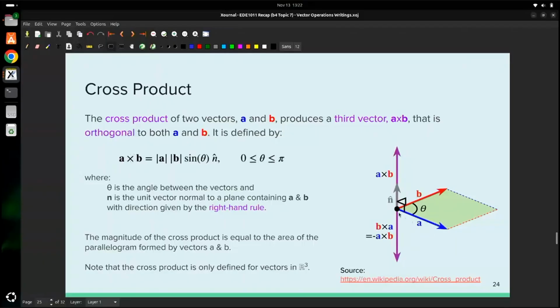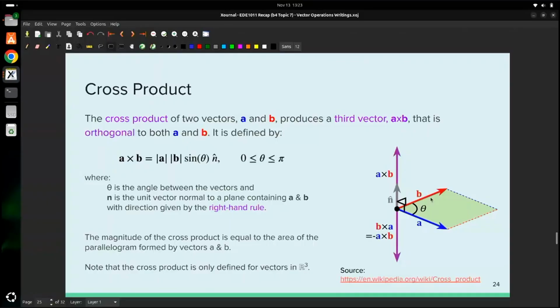You see, A cross B. There is a plane here that contains A and B. So A cross B is going to give you the third vector, whereby this A cross B vector is going to be perpendicular to vectors A and B, which implies that it is also going to be perpendicular to the plane containing A and B.